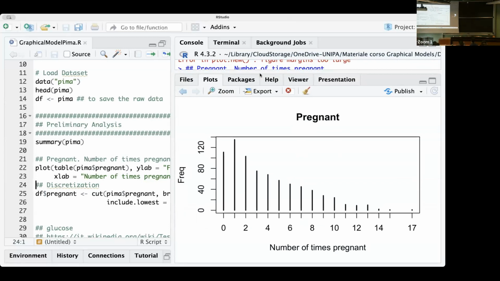I said, "Oh wow, that's amazing, right?" They kind of have some issue with pregnancy with respect to our society. There's someone who has 17 children, which is a lot. And the distribution goes down, but really low. So they are really kind of old people.